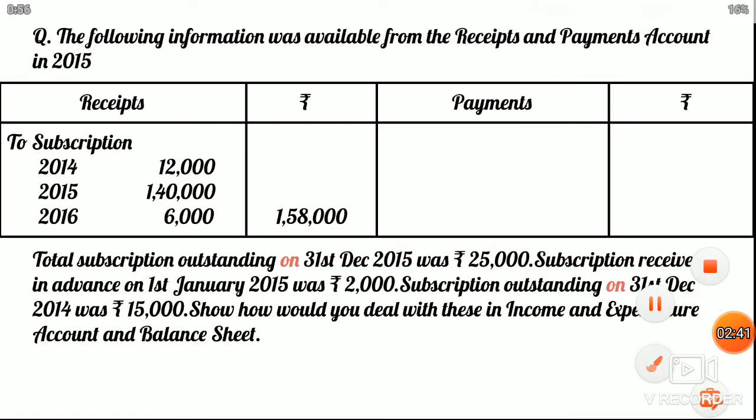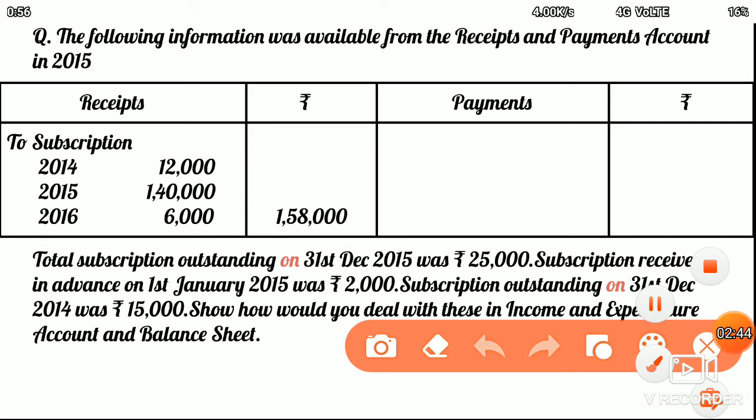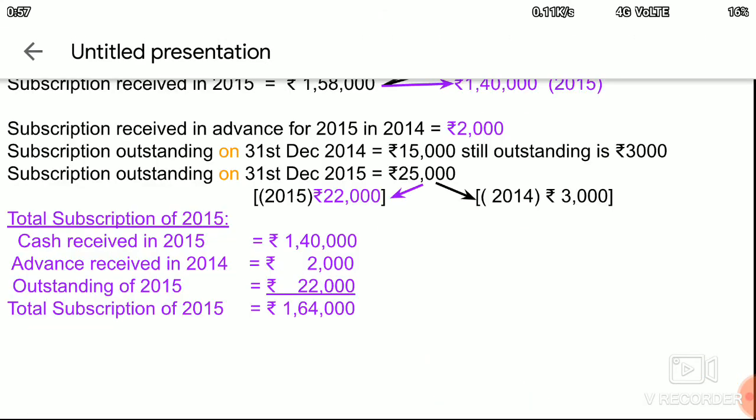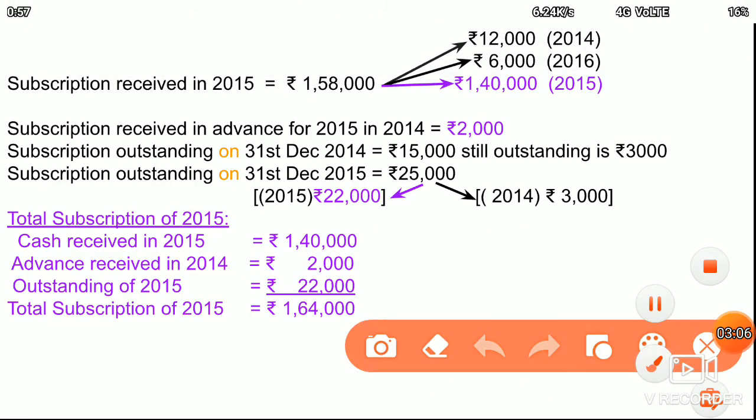Now if we take the current year's outstanding, total subscription outstanding on 31st December 2015 was 25,000. Now here they have used the word "on", so we have to be careful. We should know that this amount of 25,000 may include the outstanding of the previous years if there is any. So we can show this way: subscription outstanding on 31st December 2015.